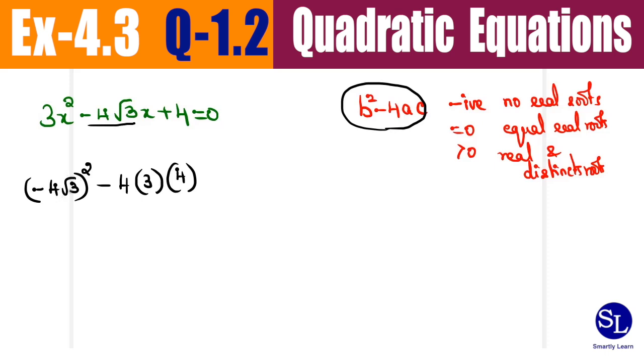So 16 root 3 square is 3. So 16 into 3, 48. Now 4 3s are 12, 12 4s are 48. So 48 minus 48 is 0, which means you have equal and real roots.